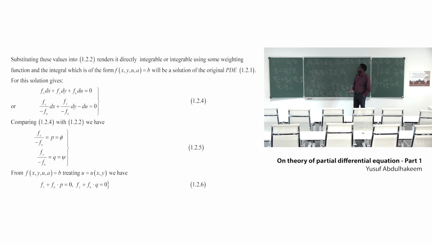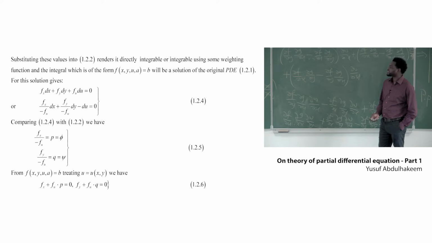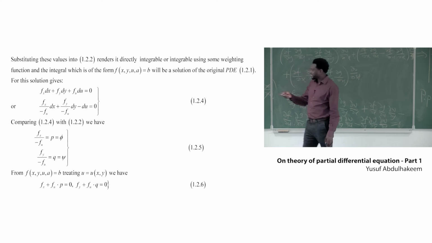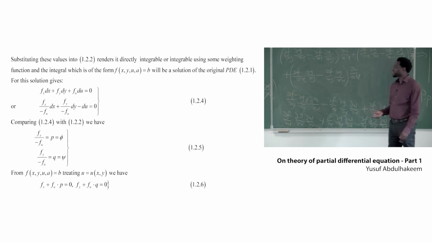Then comparing 1.2.4 with 1.2.2, it means that what? Our fx divided by minus fu is equal to our p, and fy divided by minus fu is equal to our q. That is, by the time we compare this with our Lagrange's first order differential equation.